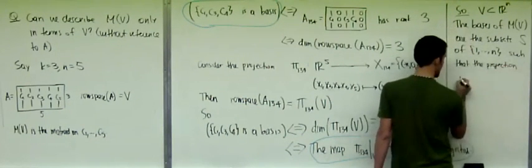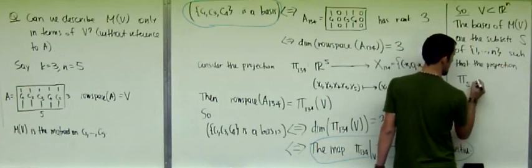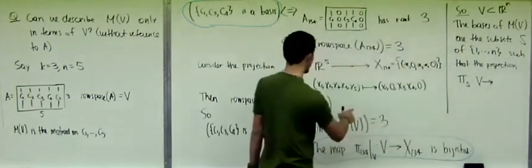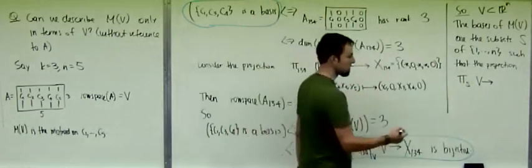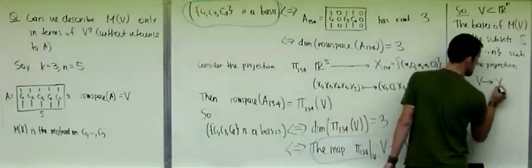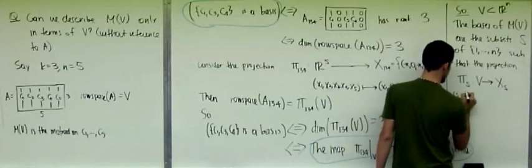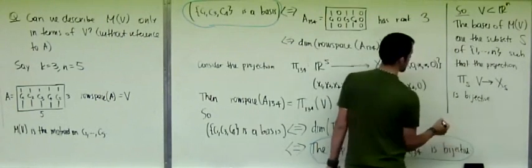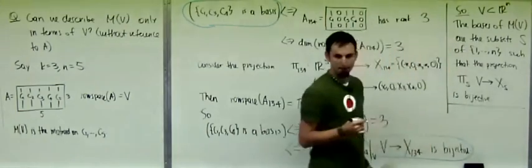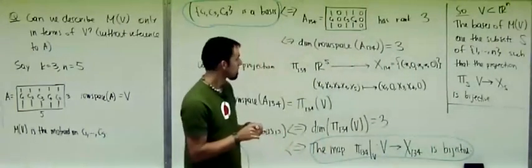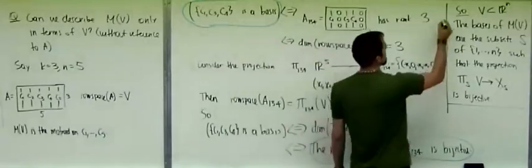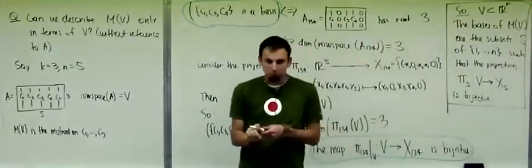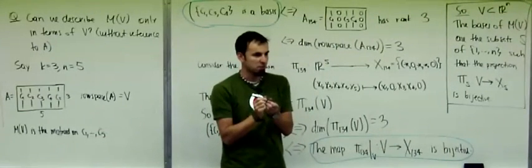The projection pi sub S going from V into, here I called it X134, in general I'm just going to call it XS, is bijective.